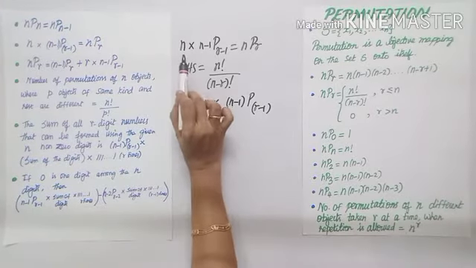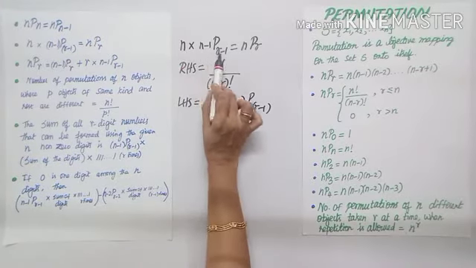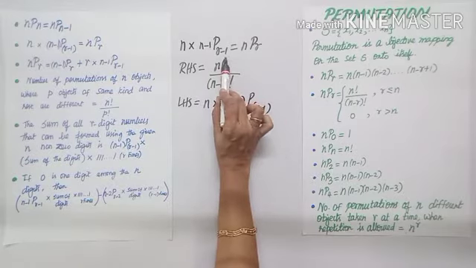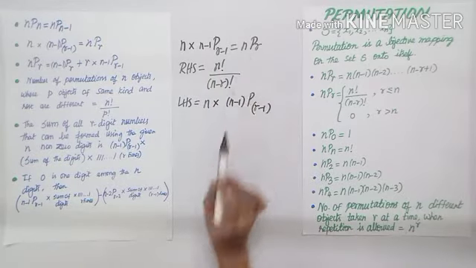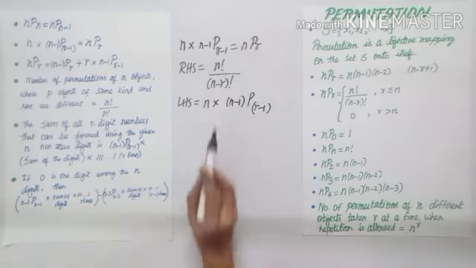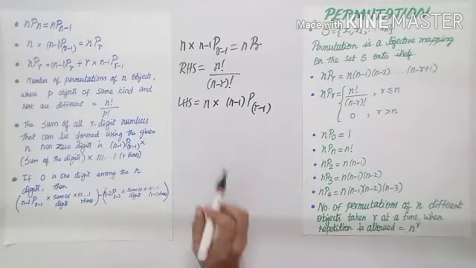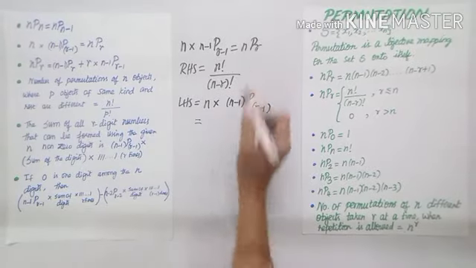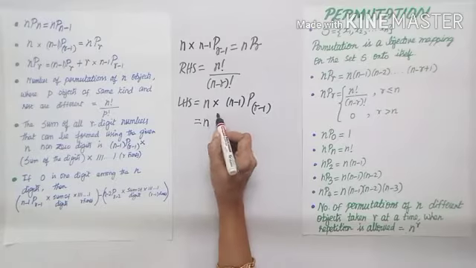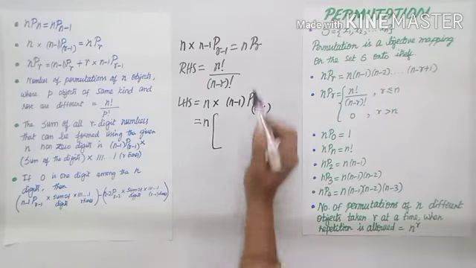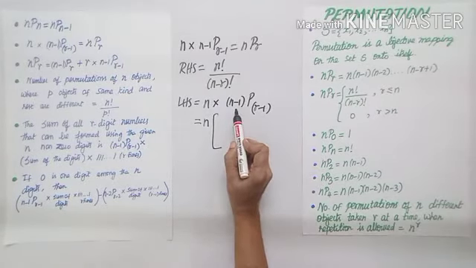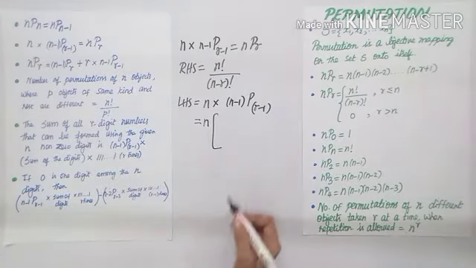The next formula: n into (n minus 1)P(r minus 1) is nothing but nPr. We know the nPr formula, that is RHS. Check whether LHS is the same. n into, apply the formula: in the place of n I have n minus 1, r becomes r minus 1.